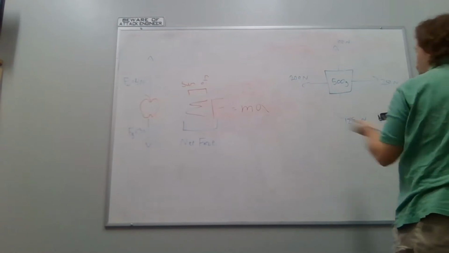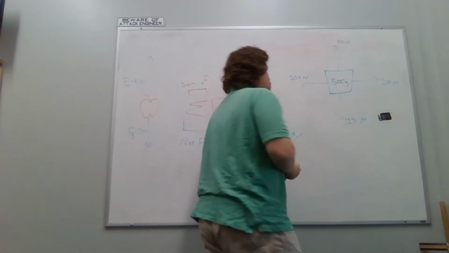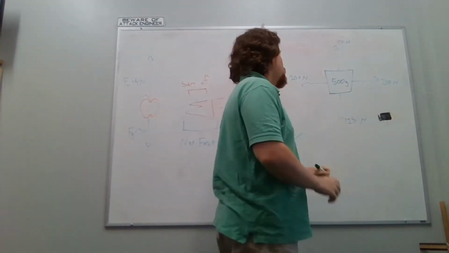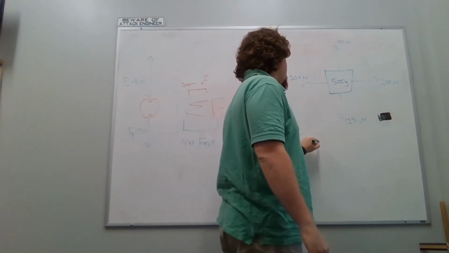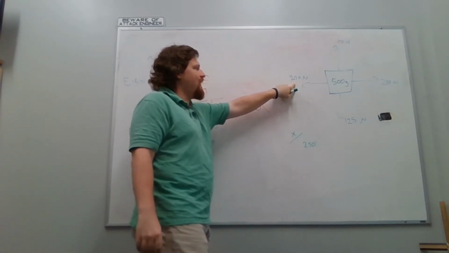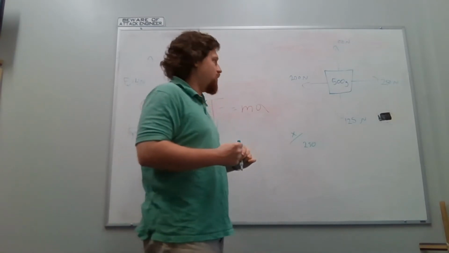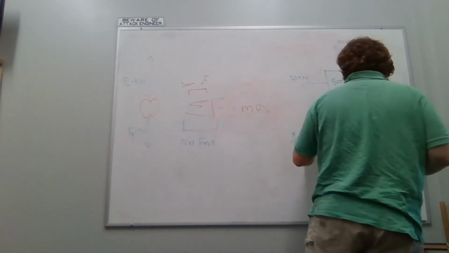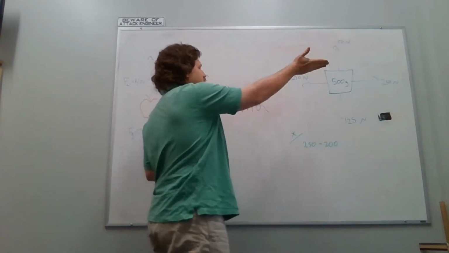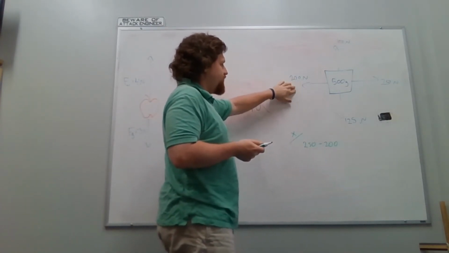So, we're going to look at our x forces. Our first x force has us being pulled 250 newtons to the right. The other x force is pulling 200 newtons to the left. Now these are in opposite directions. They're working against one another. So, most of the time we're going to assume that the rightmost direction is the positive direction and that the left will be the negative direction.